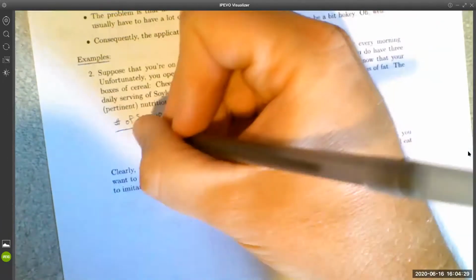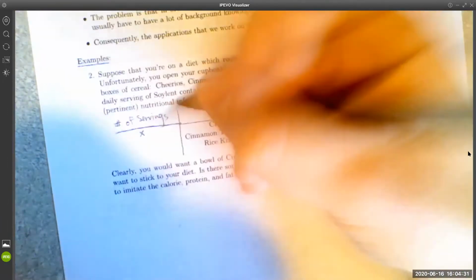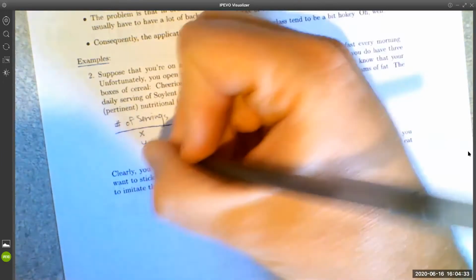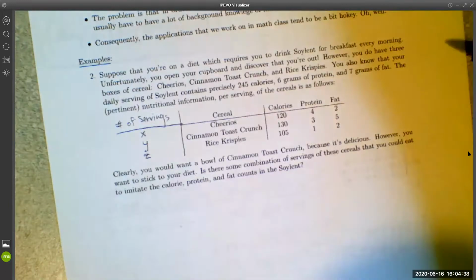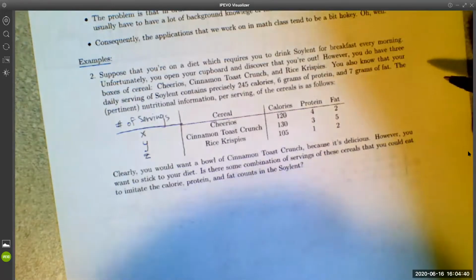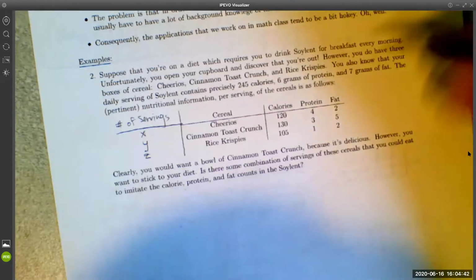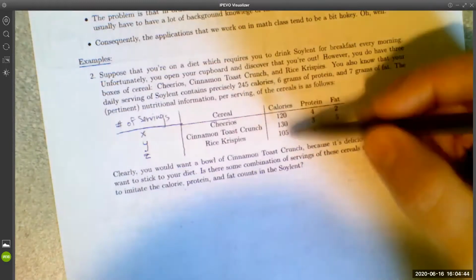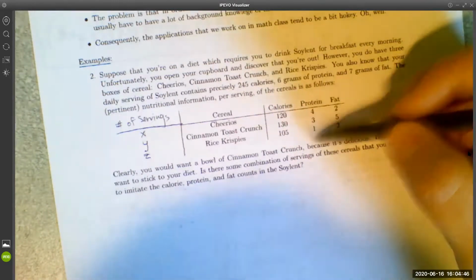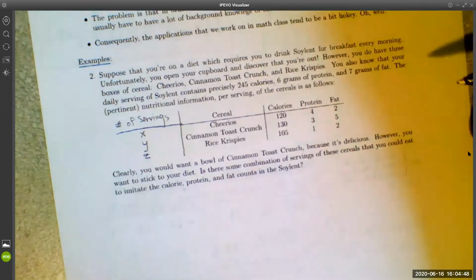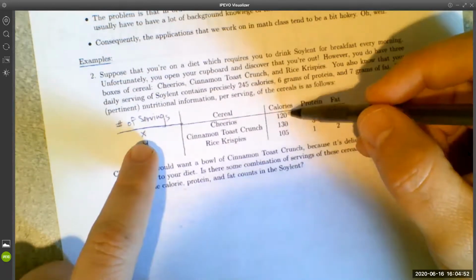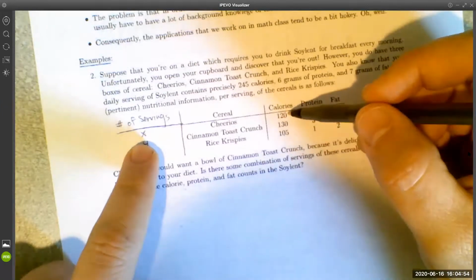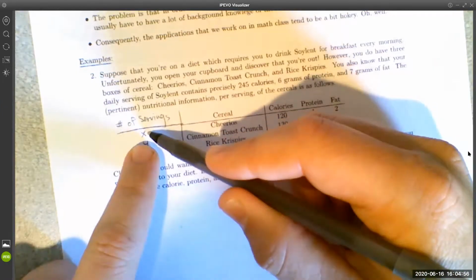So for Cheerios, I want X servings, for Cinnamon Toast Crunch, Y servings, and for Rice Krispies, Z servings, right? And what I can do is figure out how many calories in total I'm going to eat, how much protein, and how much fat, right? So the number of calories I'm going to eat from the Cheerios is going to be 120 times the number of Cheerios servings that I eat, right?